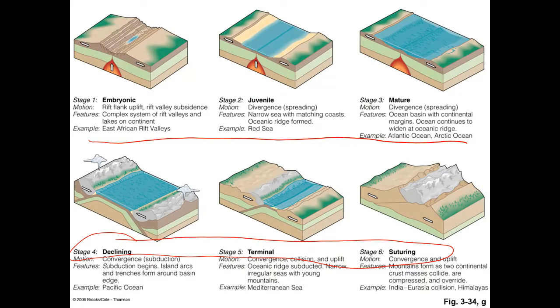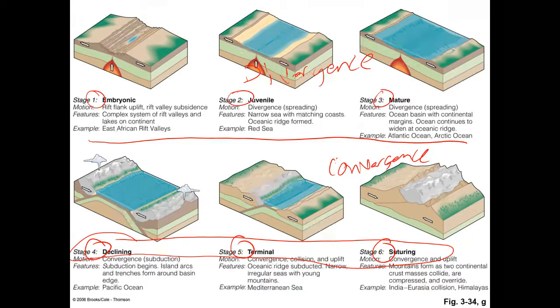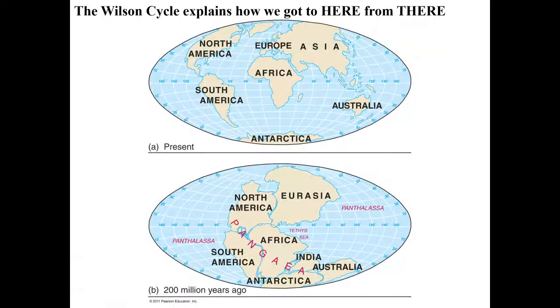Now remember, I'm naming these 1 through 3 divergence, and 4 through 6 convergence. I'm not making you in any way memorize the 6 different terms. I'm just literally saying 1 through 3 divergence, 4 through 6 convergence. And that's showing us the Wilson cycle. Remember, Wilson is associated with plate tectonics.